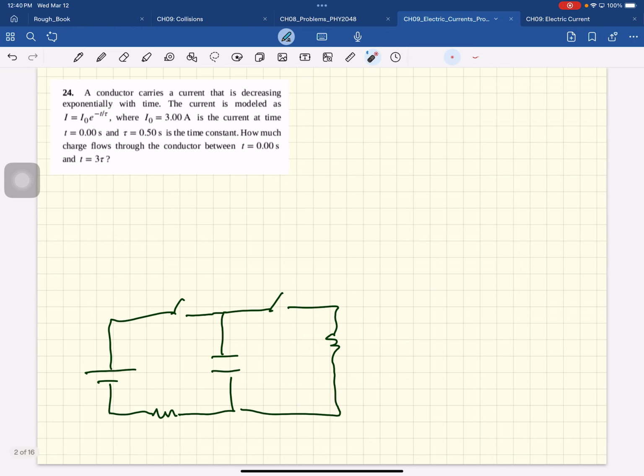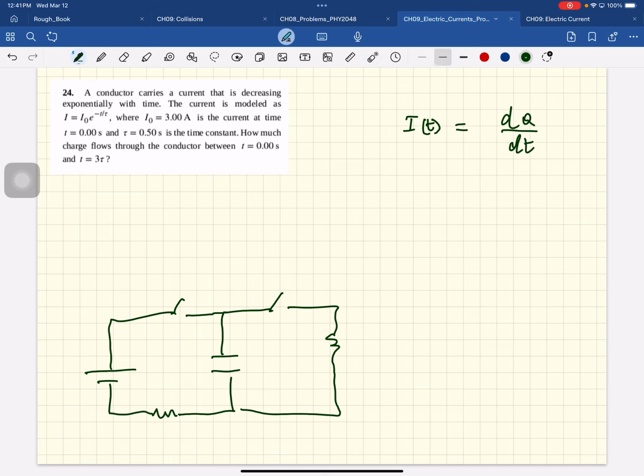Okay, I naught, the initial current, is 3 amps, and the time constant is half a second. How much charge flows through the conductor between t equal to 0 seconds and t equal to 3 tau? Okay. Now, if you look at your notes, dq by dt, current, is the rate at which charge is flowing at any location.